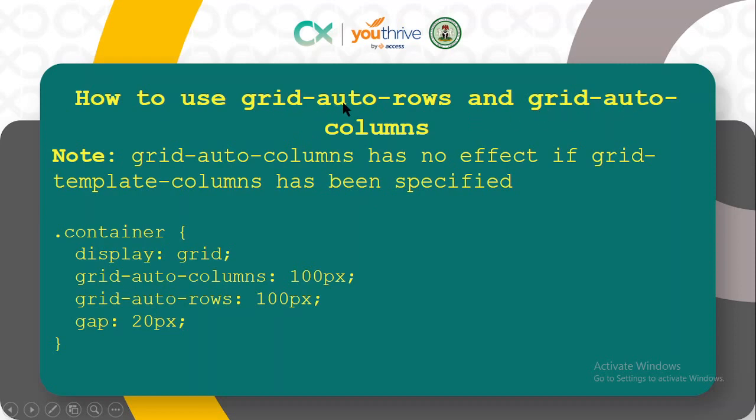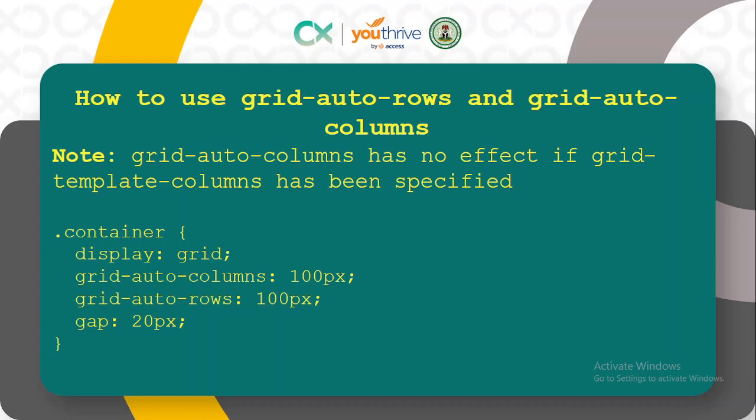Grid auto rows can be used to specify the default height of the grid item, while grid auto columns can be used to set the default width of the grid item.